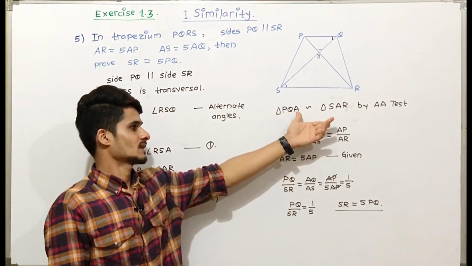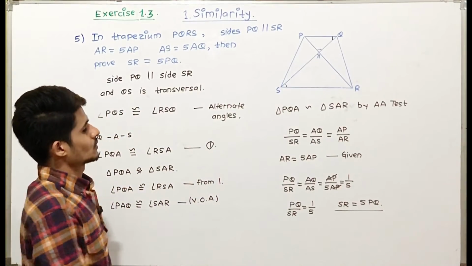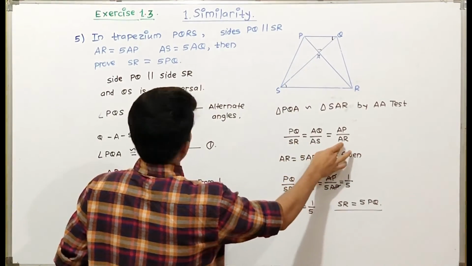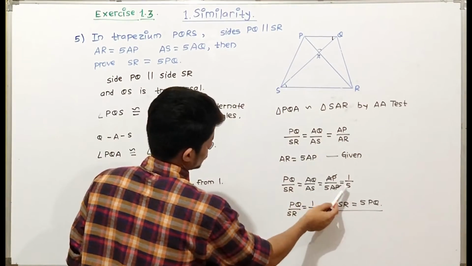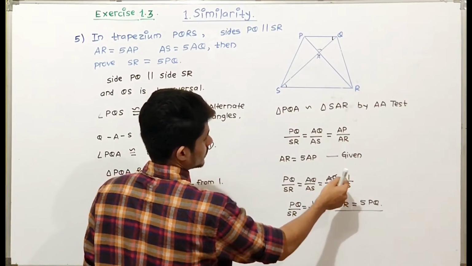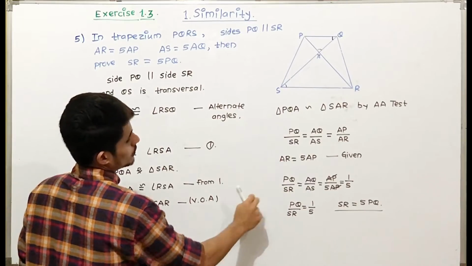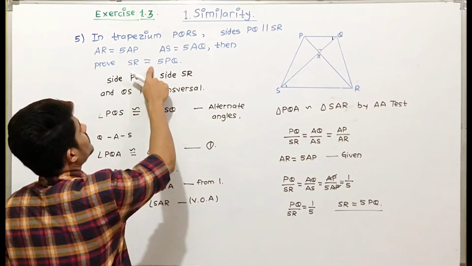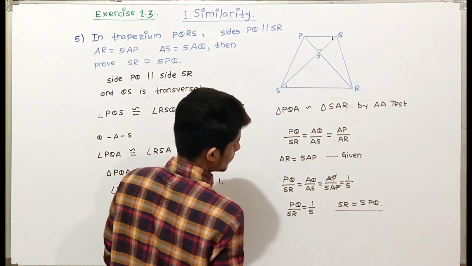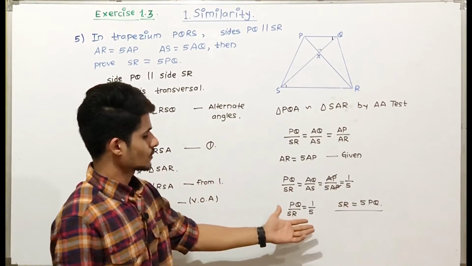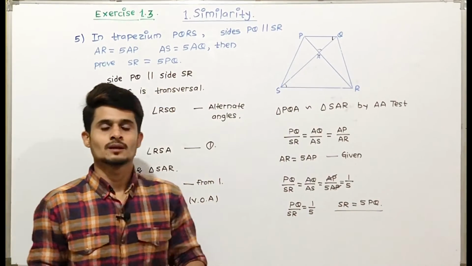Once the triangles are similar, we'll take the corresponding sides in proportion. After that we have the value of AR as 5 AP. We'll substitute the value, eliminate, and the final value is 1 by 5. Now we have to find the value of SR is equal to 5 PQ, so we'll equate this ratio with 1 by 5, cross multiply, and we get the final value, that is SR is equal to 5 PQ.